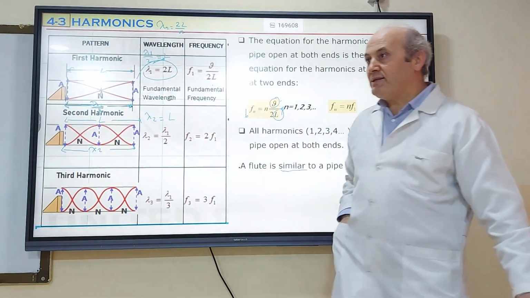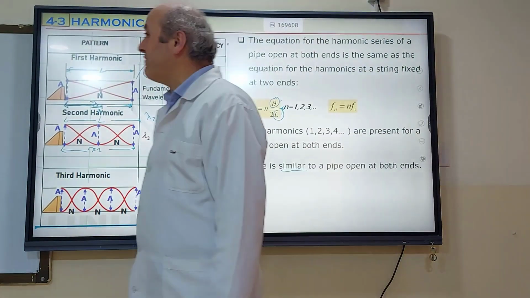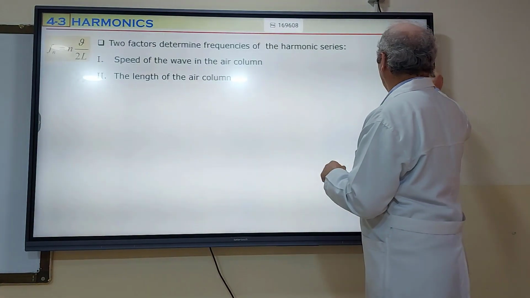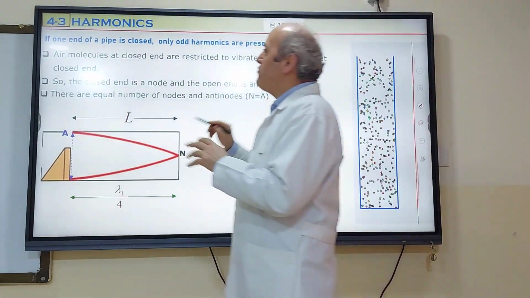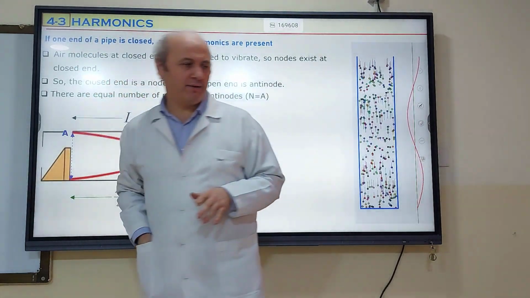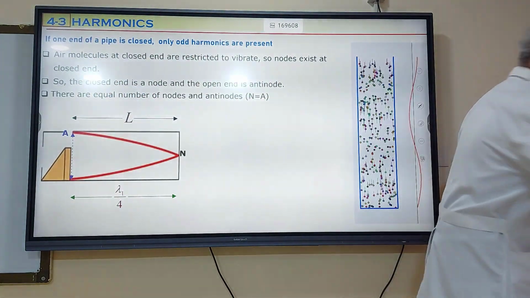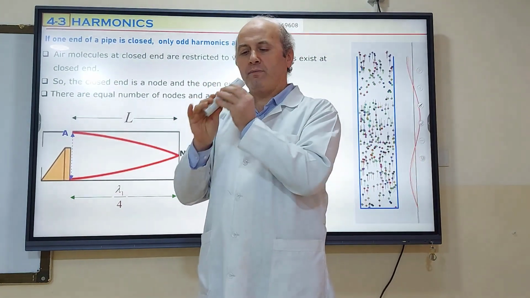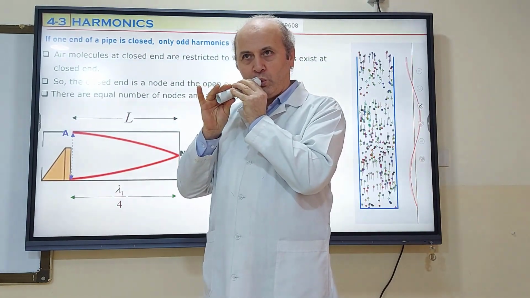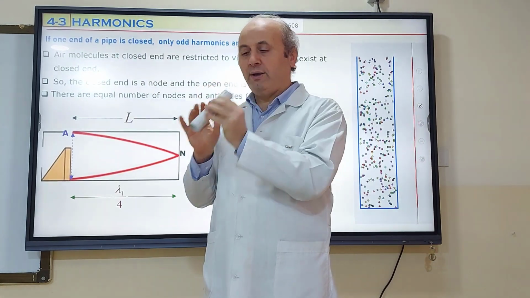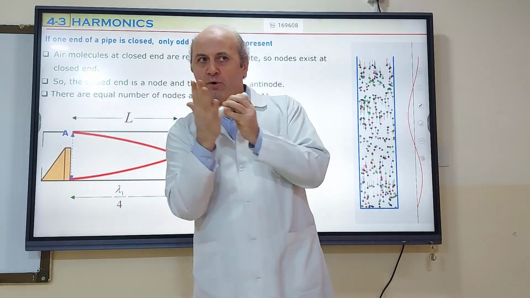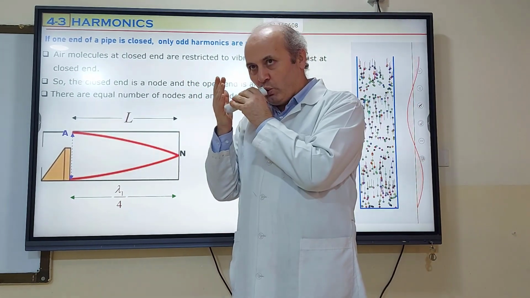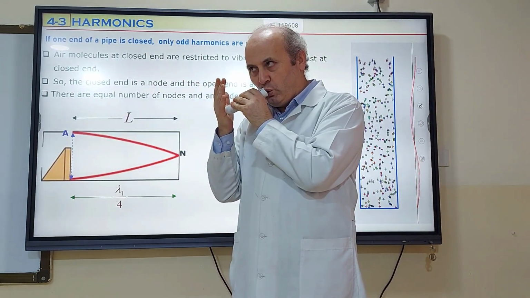Okay, and the next one is, what is going to happen if we close one end of this pipe? If one end of the pipe is closed. This is now an open pipe. Let me make a sound. Now if I hold it, it's going to be closed at one end. What happened to the pitch?